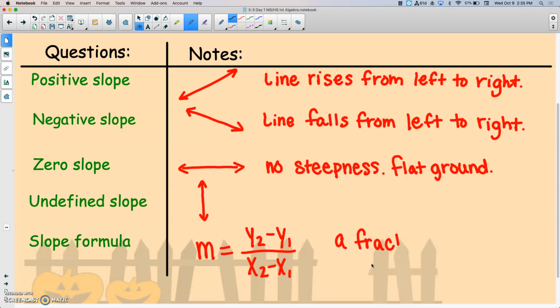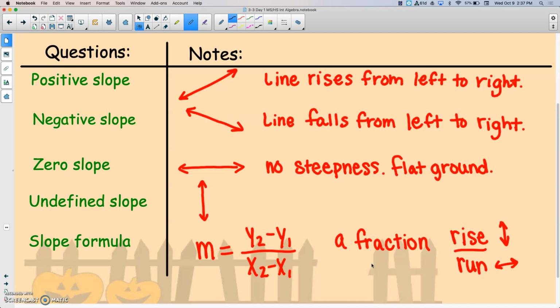And you are subtracting the y coordinates and subtracting the x coordinates. So you're finding the rise over run. So rise over run in the slope formula.